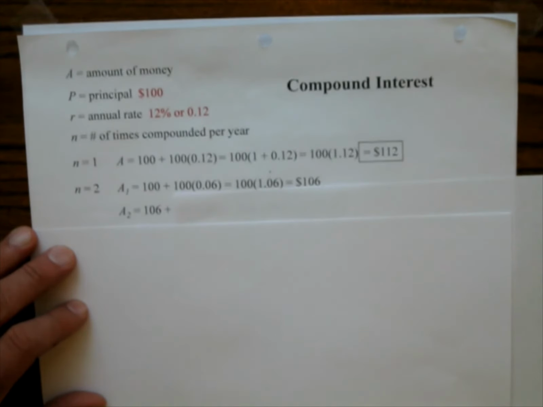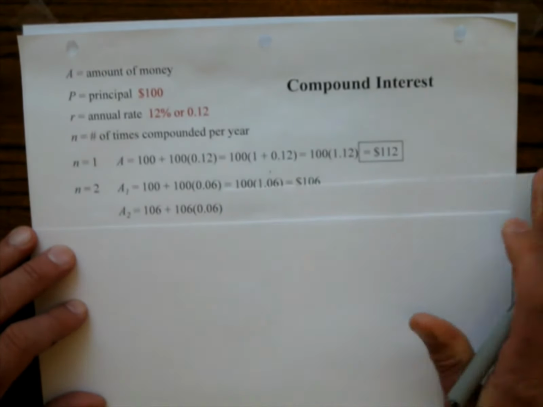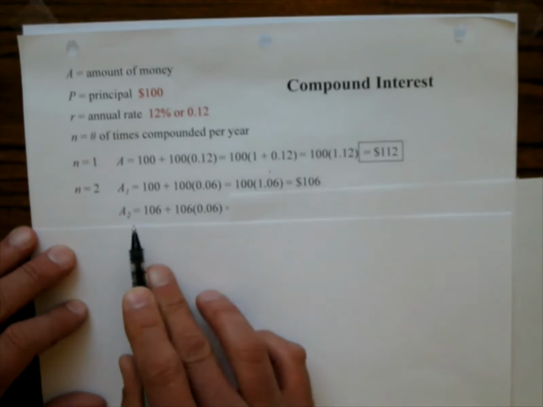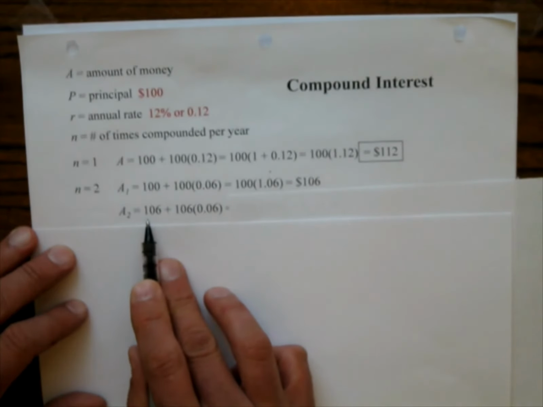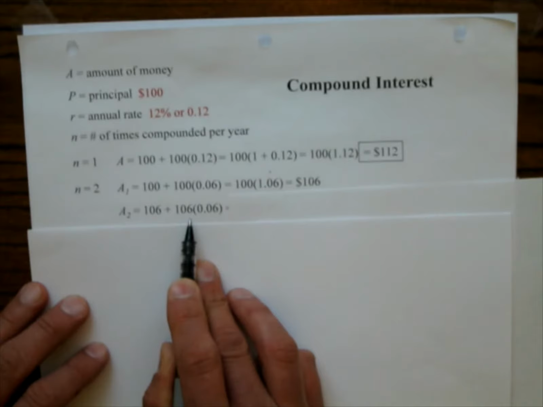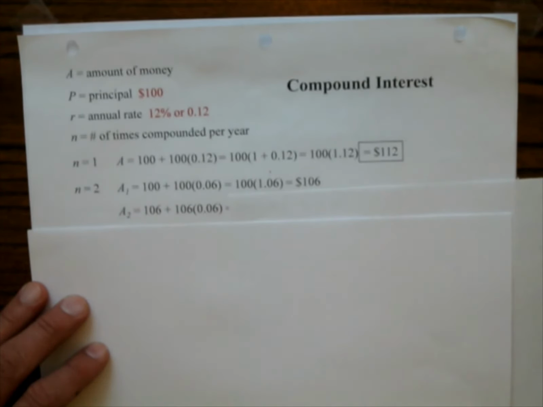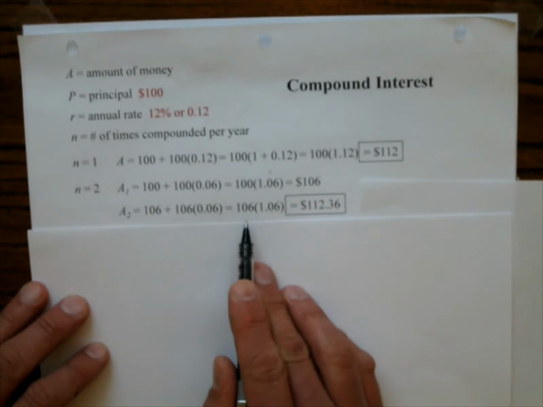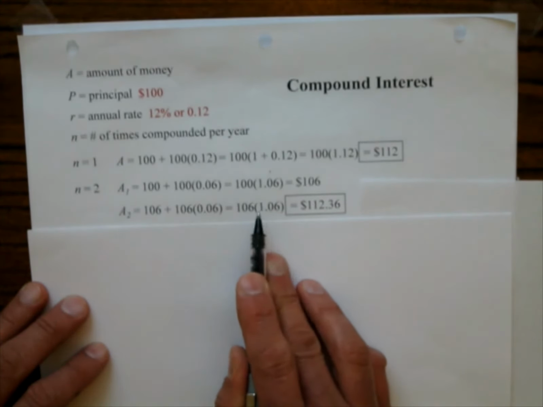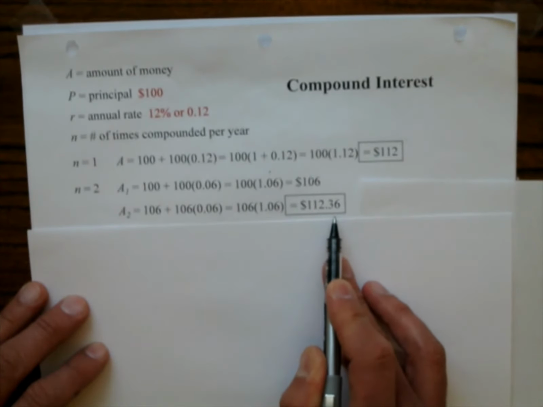This is the cool thing about compound interest. It's now going to compound your $106 that we computed right here. It's not just going to do it on the 100. So you have 106 plus 106 times 6%, and when you have that, you end up having 106 times 1.06, which gives you $112.36.